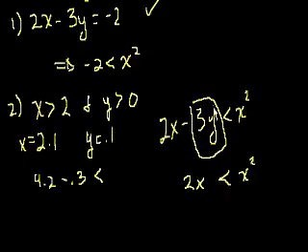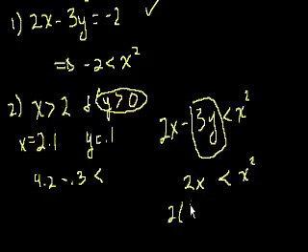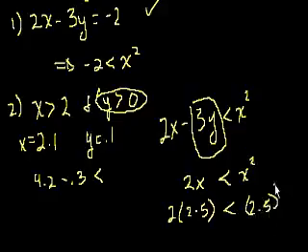Why is that? Because minus 3y is going to subtract from the 2x, because we know that y is greater than 0. So let me ask you a question. Is 2x always going to be less than x squared if x is greater than 2? Sure. Whatever x is, on the left-hand side it's going to be 2 times, pick a random number, 2.5, right? But on the right-hand side, you're going to have 2.5 squared.